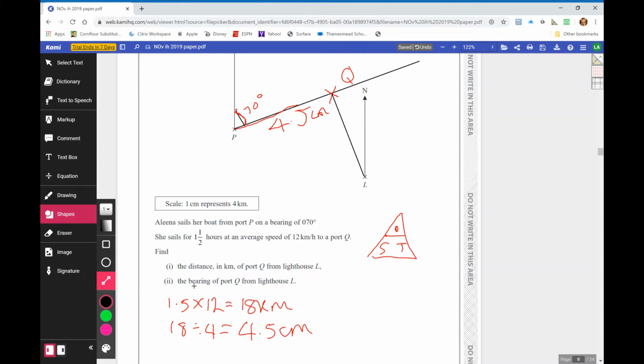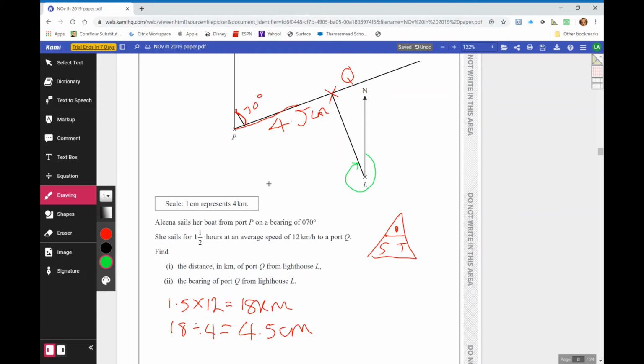And then it says the bearing of port Q from lighthouse L. Now the bearing is the bearing going along here, for that line I've just drawn to Q. So we actually want the angle here, because you always measure from north and you always go in the clockwise direction.